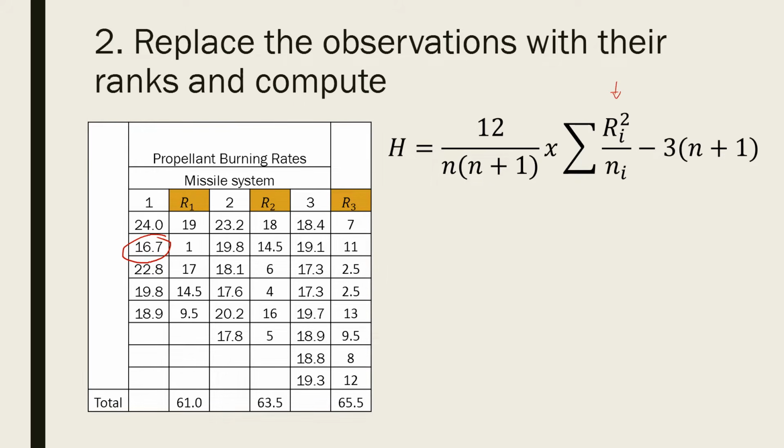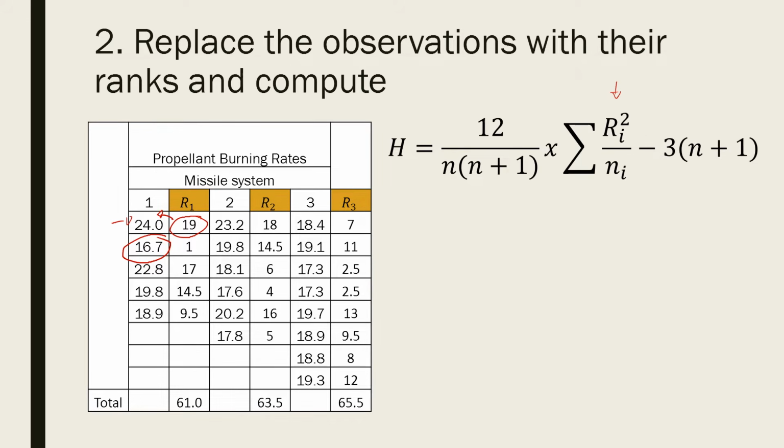Now, let's find rank 19, which is, I believe, 24.0. So we also assign rank 19 in place of 24.0. So we replace the independent observations with the ranks that we've assigned them in the previous step.